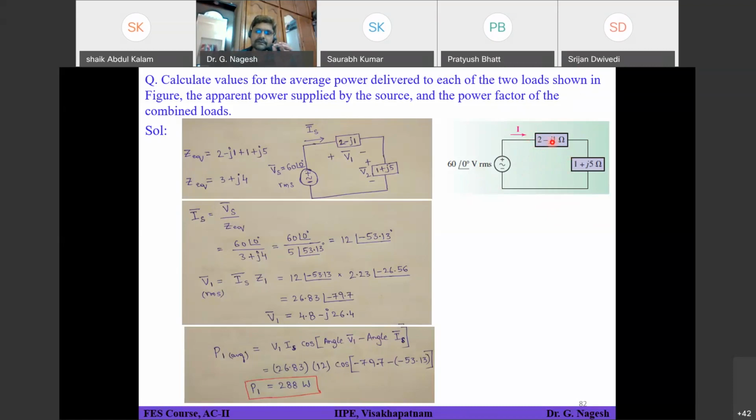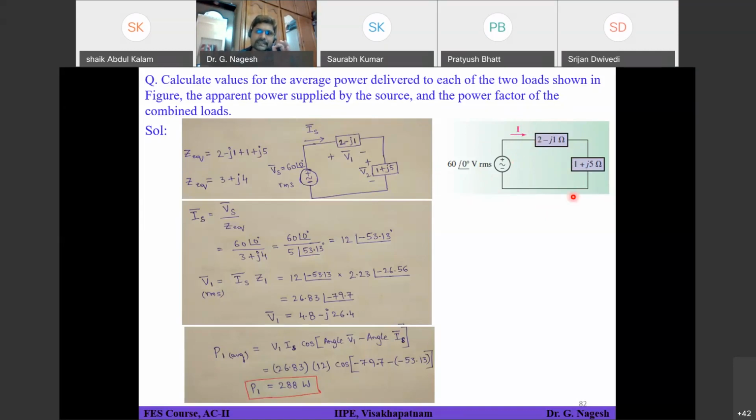You are understanding now? Yes, sir. So in the formula I effective square into R, the current is flowing into this resistor. How have you got that current? That current is the total voltage divided by total impedance.